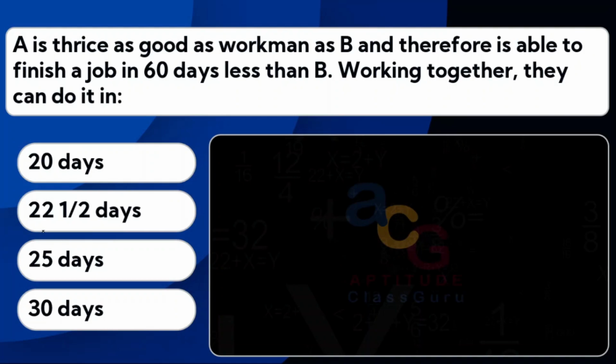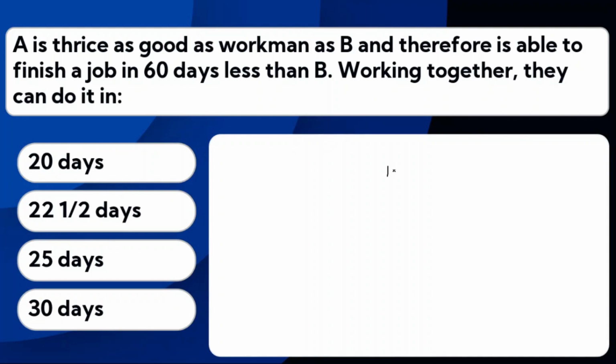A is thrice as good a workman as B, and therefore is able to finish the job in 60 days less than B. Working together they can do it in... When you look at this type of problem, thrice as good or more efficient, just remember that A is thrice as good a workman as B, such that if B completes a work in 30 days, A can complete the work in only 10 days.